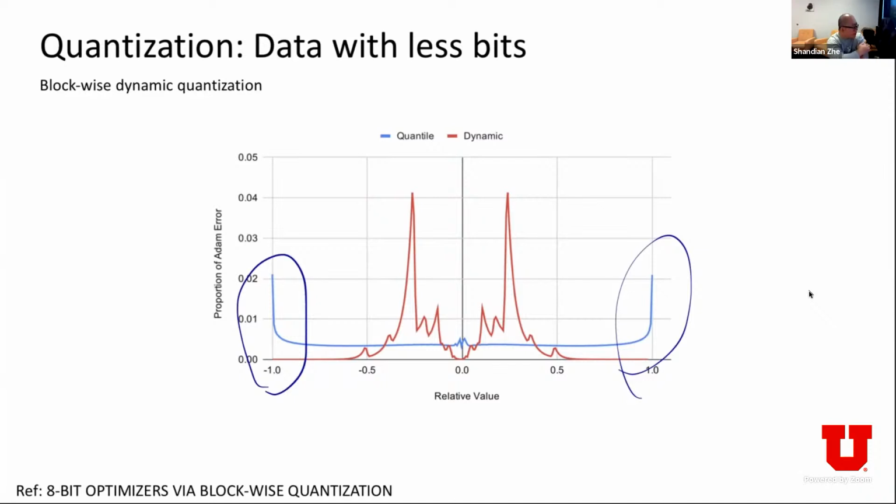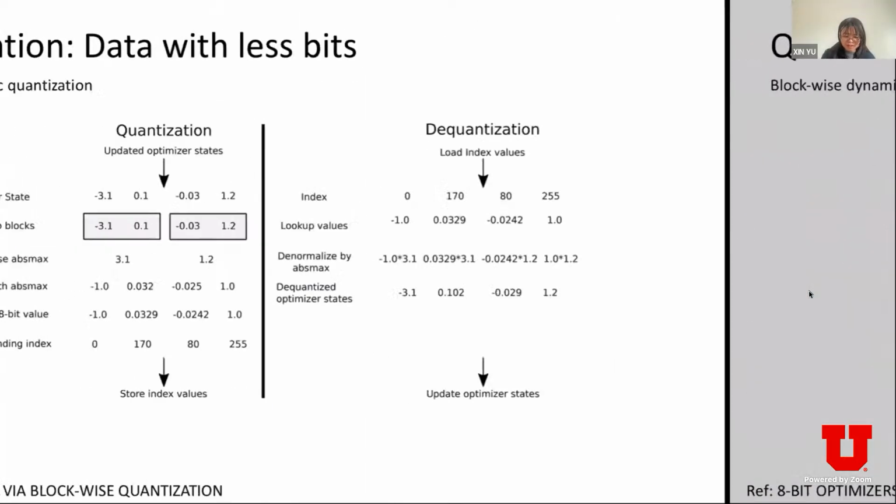Oh, okay, I get it. So if you use the same number of indices, using quantile can make the error on average smaller than if you just do evenly spaced binning.